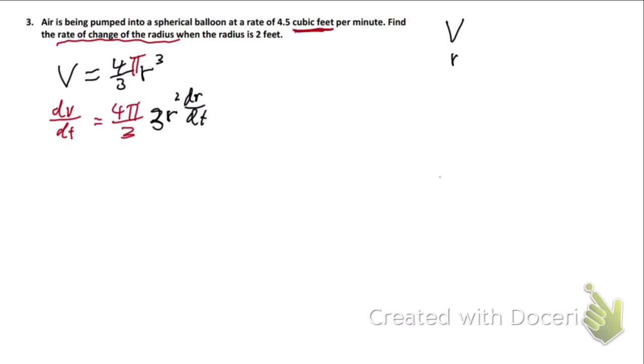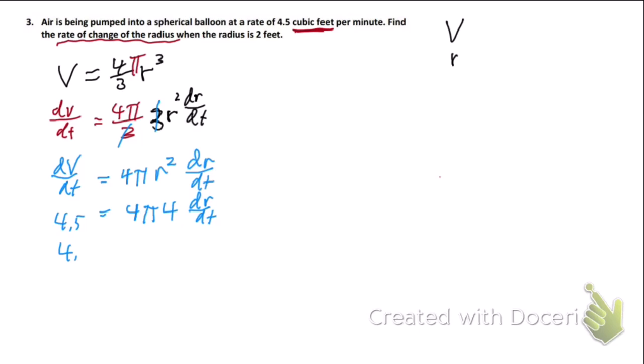Okay, I think now maybe we got it going. So we cancel our 3's. So we've got dV dt equals 4 pi r squared dr dt. R equals 2, so 4 pi, 2 squared is 4.